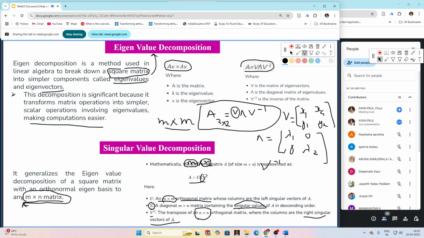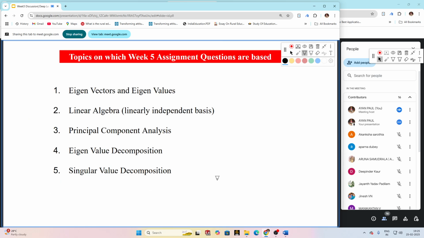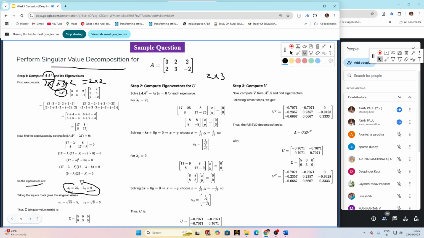So how can we find the sigma? Sigma is found by taking the root of the eigenvalues. Singular values are nothing but the square root of the eigenvalues. So take the square root of each eigenvalue and you get the singular values, represented by sigma 1 and sigma 2. Then you put them in diagonal matrix form.